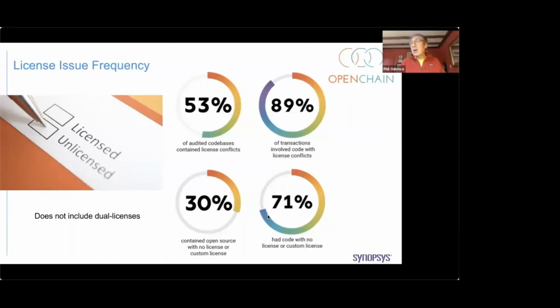Custom licenses are, and sometimes it's a stretch to call it a license, but we will flag comments we find in the code from the developer that express some kind of usage rights and some kind of obligation.